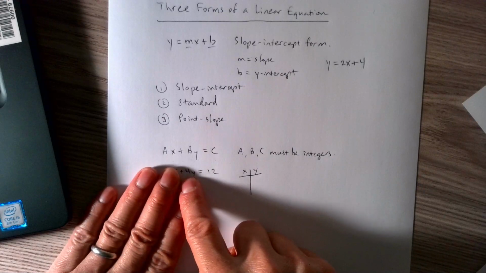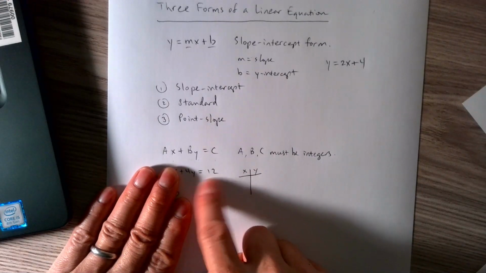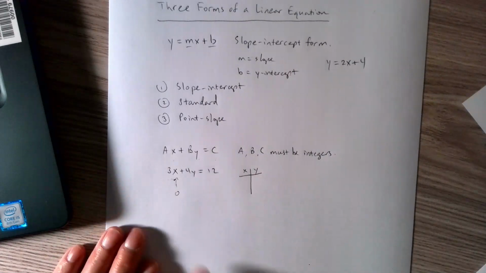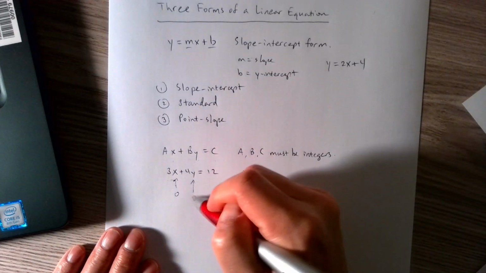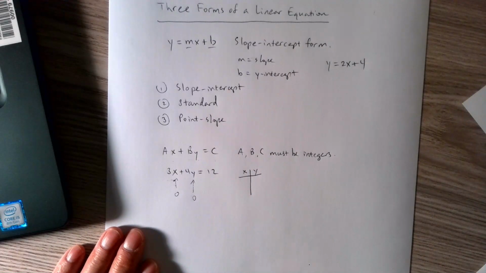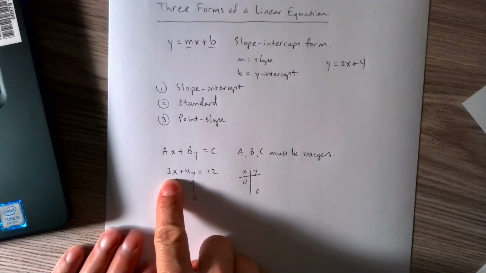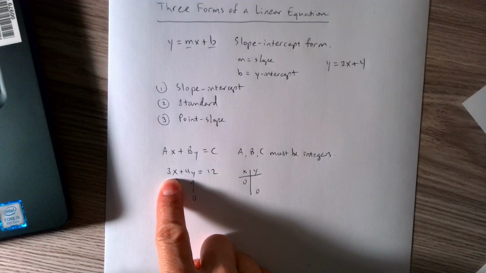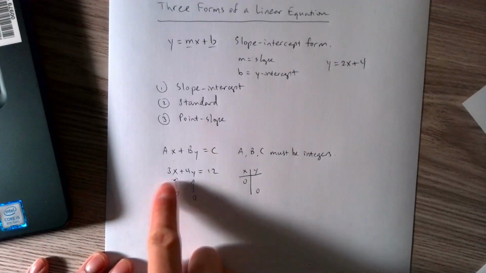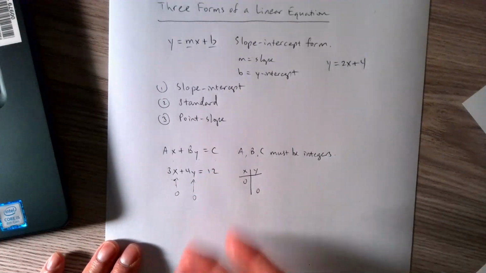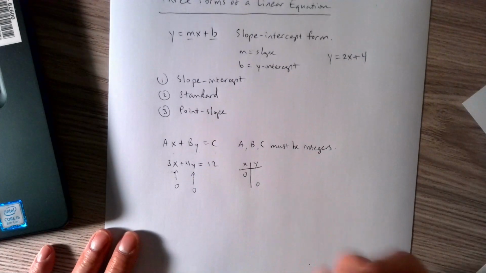So if that's an integer and that's an integer, it's very easy to calculate y. If I plug in a 0 for y and solve for x, I will have found the x-intercept. And again, it's very easy because 3 is an integer and so is 12. So I can find the x and y-intercepts very quickly.